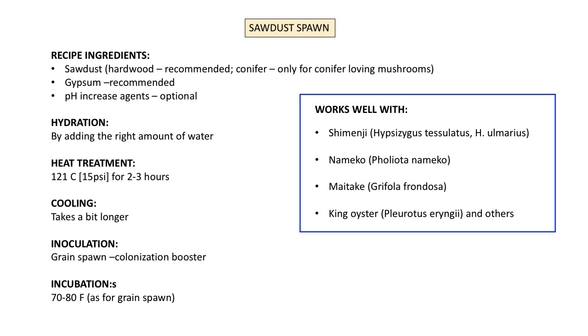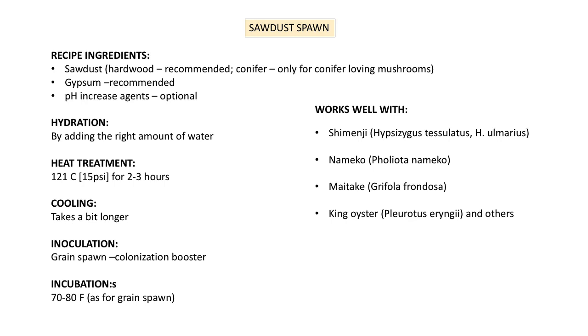I really recommend you to try it and use it, just if you consider that has more advantage for your operation. But as I told you, most growers, they just use grain spawn. They're using grain spawn just because I guess if they can control well the conditions and avoid contaminants, then they're going to get more yield.